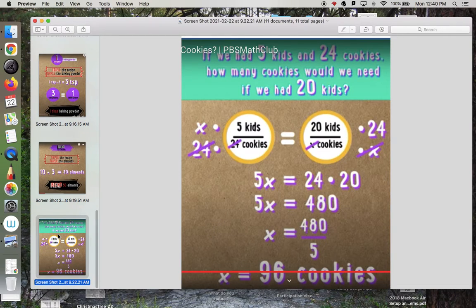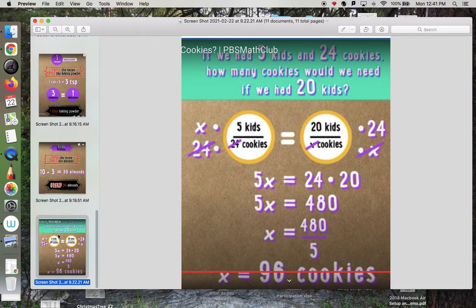And finally, they also figured out if 24 cookies is how many you need for 5 kids, then how many would you need for 20 kids? They set up a proportion with X number of cookies for 20 kids.